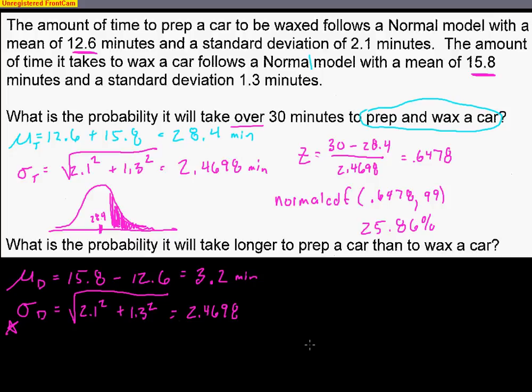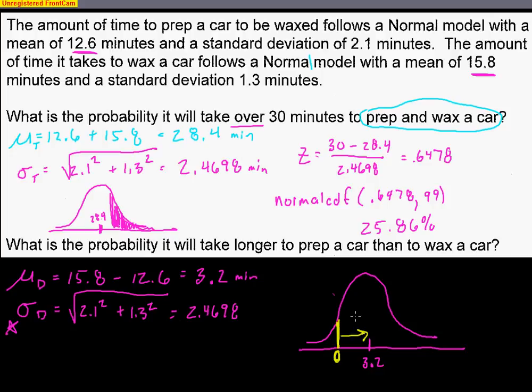Now if I take a look at a normal model here, right smack dab here is the 3.2 minutes that it's supposed to take longer to wax. The most important number that you need to find here is 0. Because 0, somewhere down here, is where we have a tie. Prepping and waxing take the same. There is no difference.